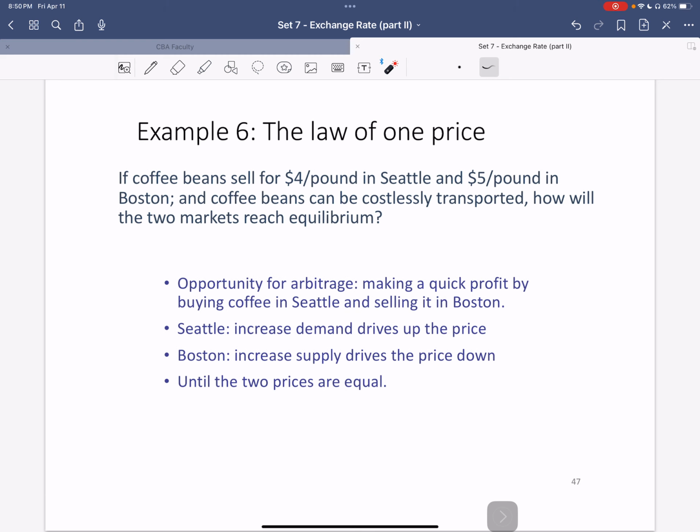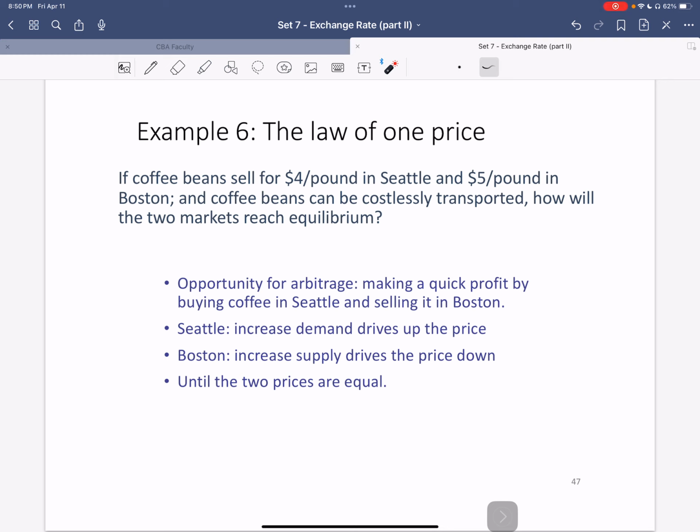All right. So let's say coffee beans sell for $4 a pound in Seattle and $5 a pound in Boston, and coffee beans can be costlessly transported. In all of these examples, we assume that it's easy and free to just take the Big Mac or coffee from one place, from Japan to the other one.